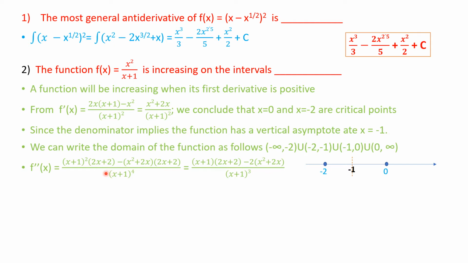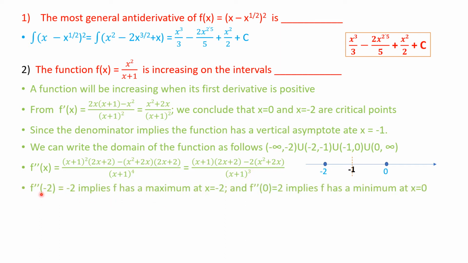If we do the second derivative of the function, it will yield (x plus 1) multiplied by (twice x plus 2) minus 2 multiplied by (x squared plus 2x), divided by (x plus 1) to the power 3.